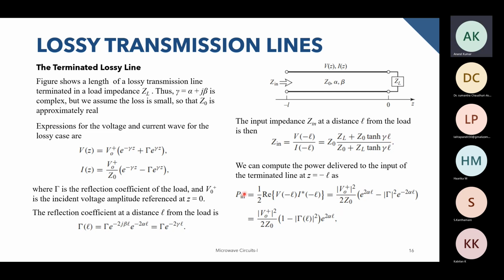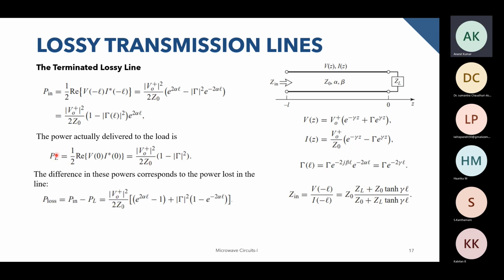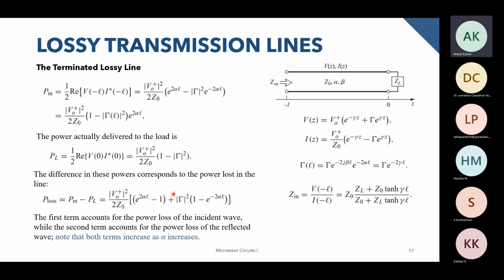Calculating the input impedance, the power at the input and the power at the load, we try to calculate the loss. This turned out to be this expression, where the first term accounts for the loss of the incident wave, and this term accounts for the loss of the reflected wave. That's what we have seen.